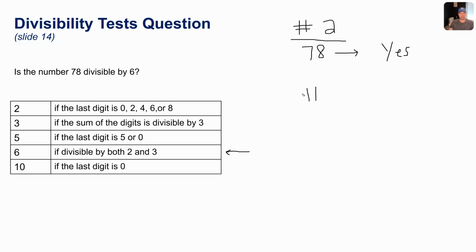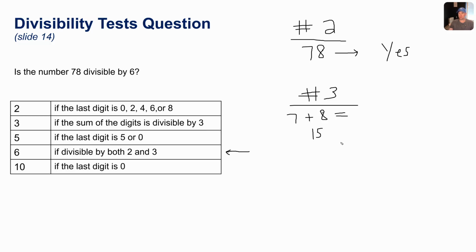What about the number 3? A little bit trickier. Here we're going to add 7 and 8 together, which gives me 15. I then can ask, is 15 divisible by 3?